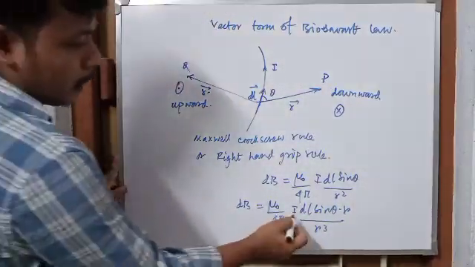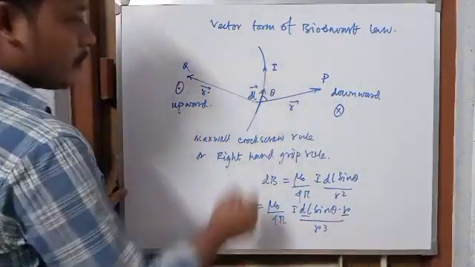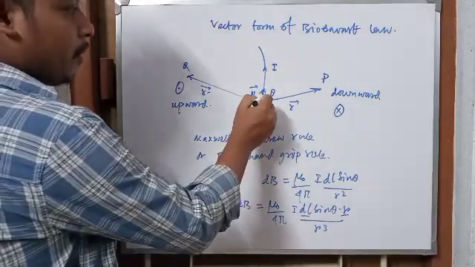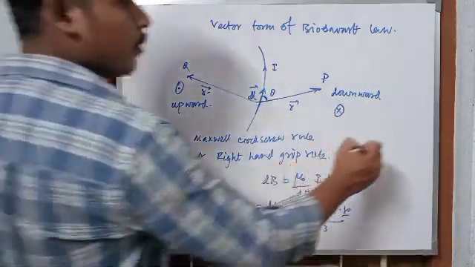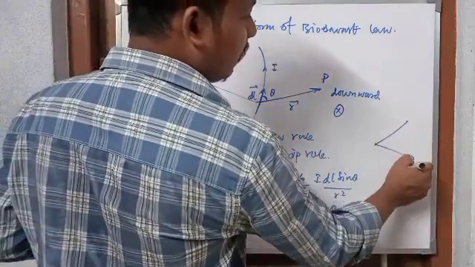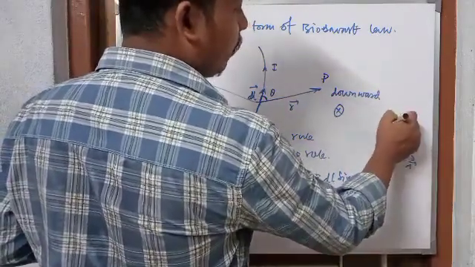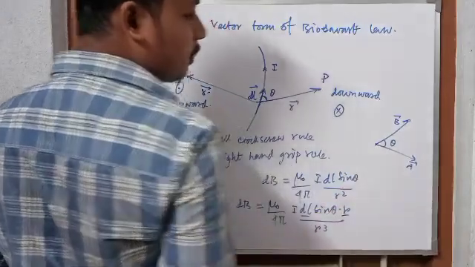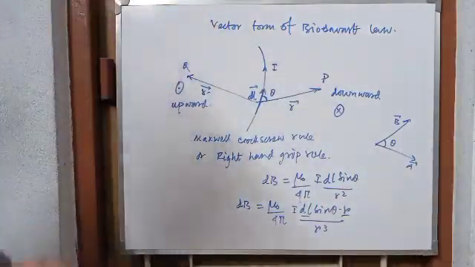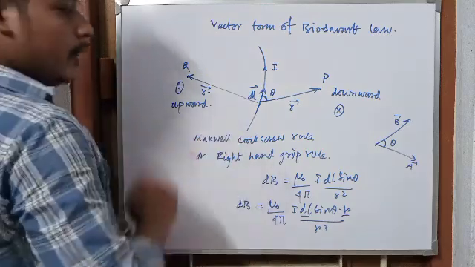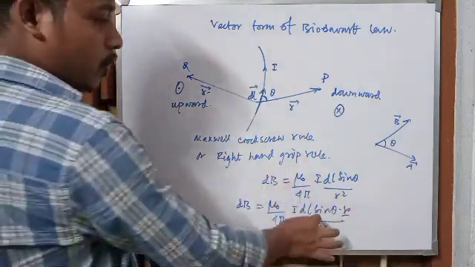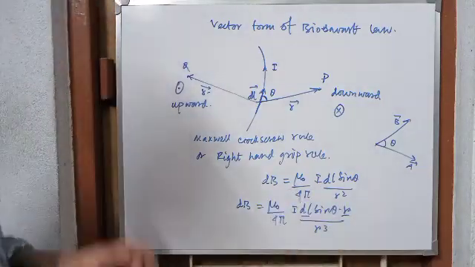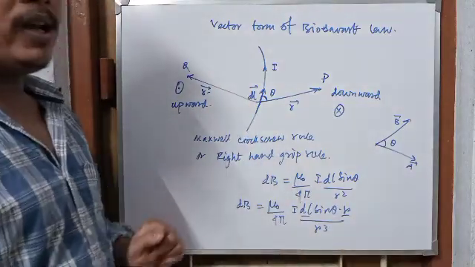Now dl and r are two vectors and the angle between them is theta. We know that for two vectors a and b with angle theta between them, the magnitude of a cross b means ab sin theta. So dl r sin theta gives the magnitude of the cross product between dl and r.